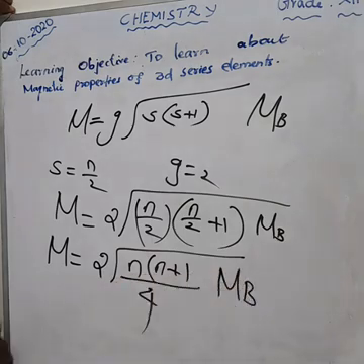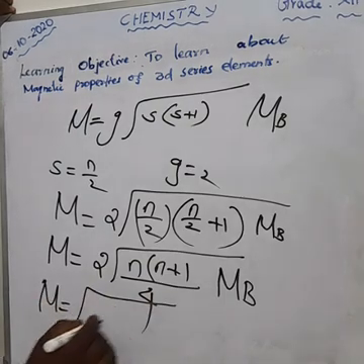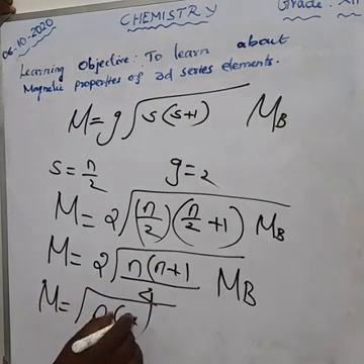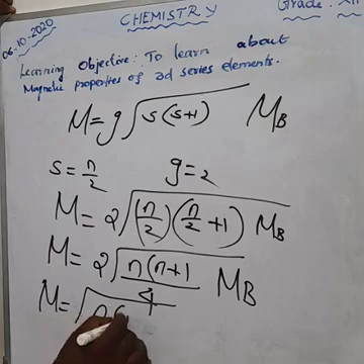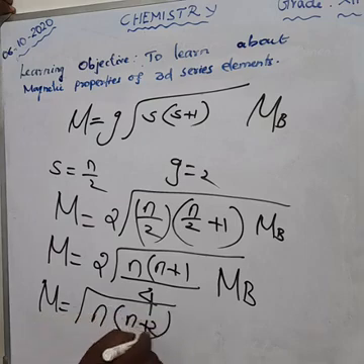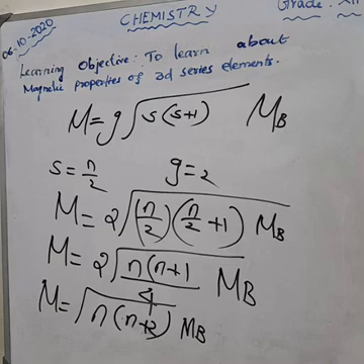And also mu is equal to root of n into n plus 2 Bohr magneton. These are the formulas to calculate the magnetic moment.